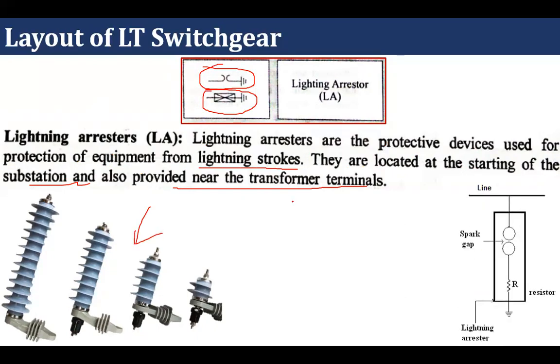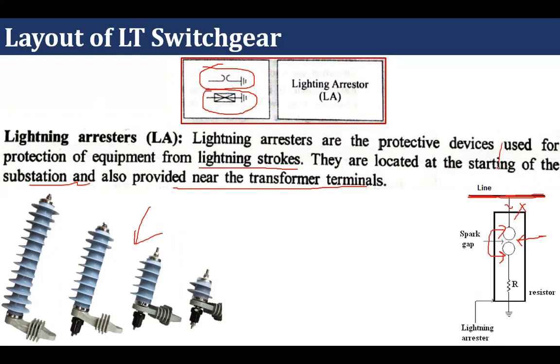What happens is that at normal condition, when this line has a rated voltage, this gap will isolate these two points, and so there is no current through the wire.